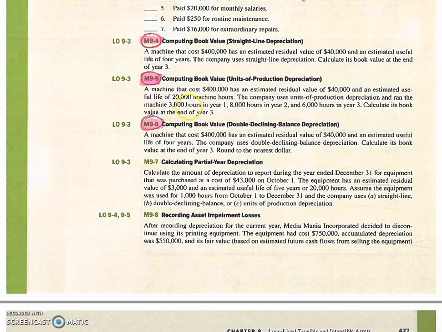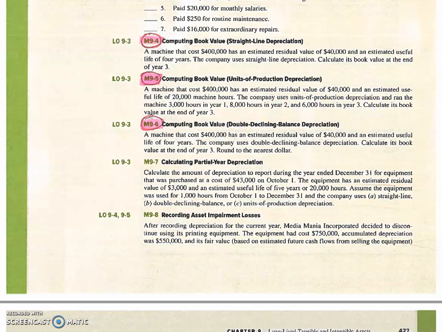So 3,000 hours in year 1, 8,000 hours in year 2. 3 plus 8 gives you 11,000. Plus 6,000 would give you 17,000 hours of use, times $18 an hour would give you accumulated depreciation. And then we can subtract to get book value.